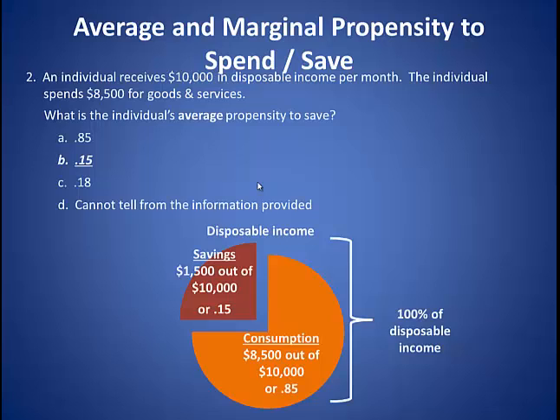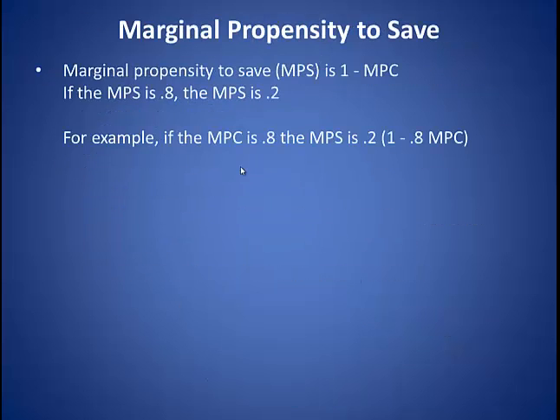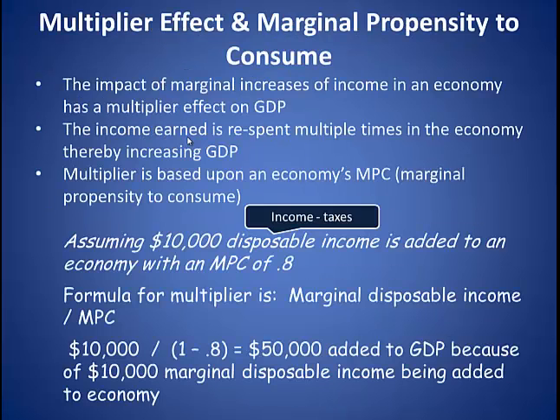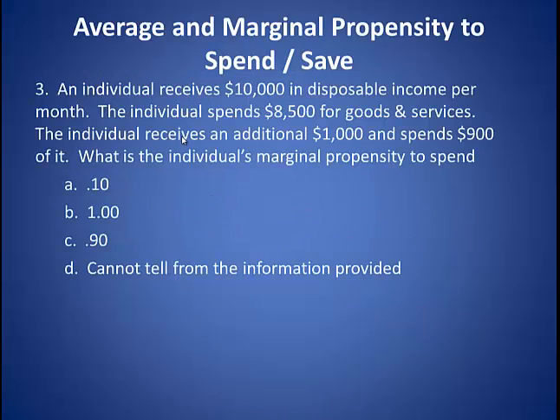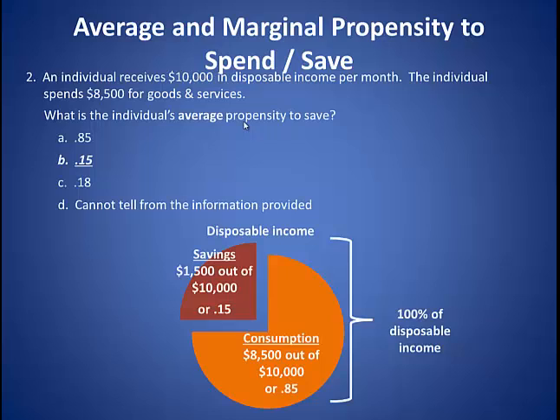Okay, and the answer in this case, and again I'm back to my question numbering issue: what is the individual's average propensity to save? It would be B, 15% or 0.15. It's actually a very simple computation.